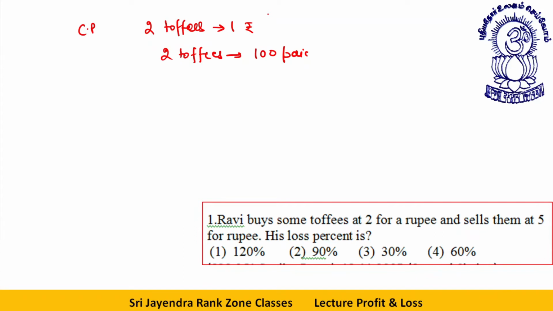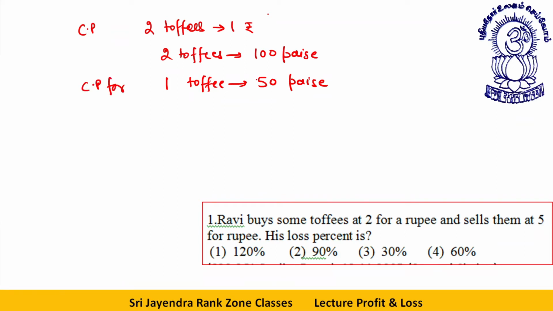Two toffees for 100 paisa. That way, one toffee will be how much? 50 paisa. One toffee CP for one toffee, very easily done.